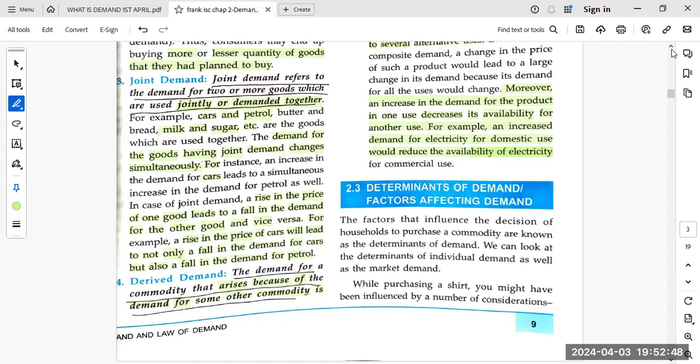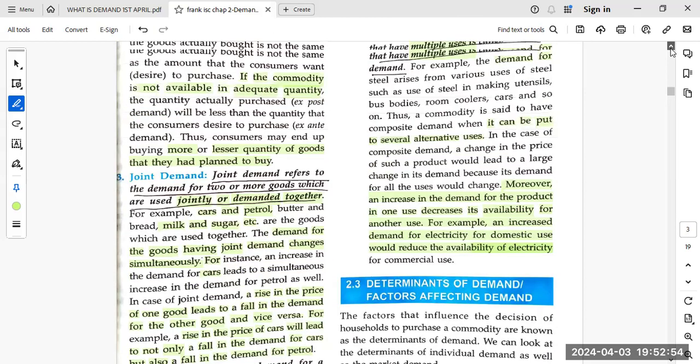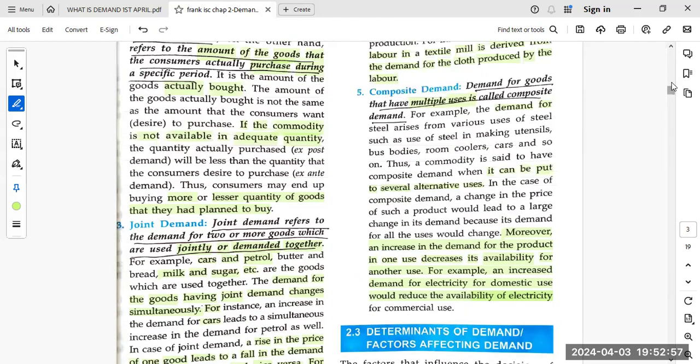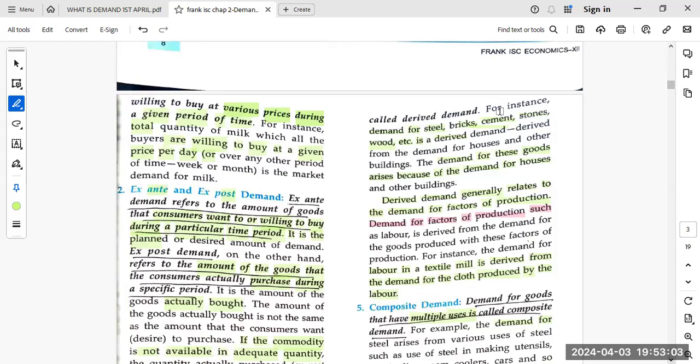Yes. Okay. Now, here there are some keywords for how you are going to remember it. For instance, the demand for steel, bricks, cement and stones is a derived one. For example, just near my residential area, 100 steps away, there is a new residential area coming up. So in the real estate business, when a new residential area is coming up, there is demand for apartments.